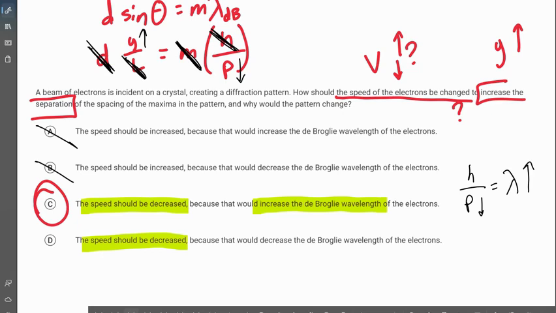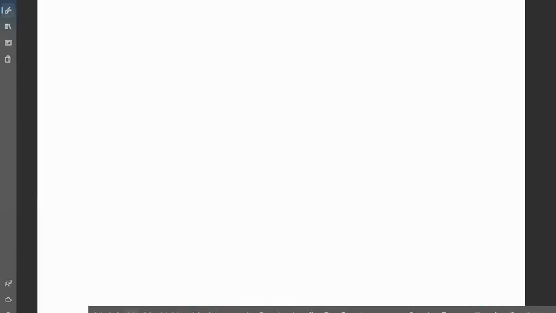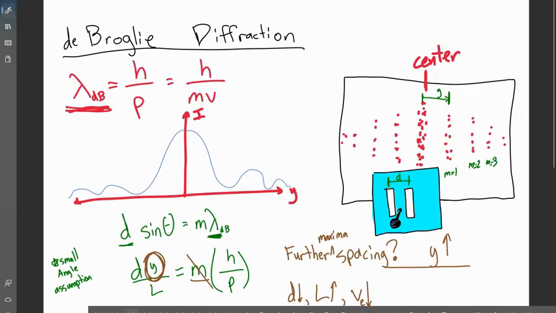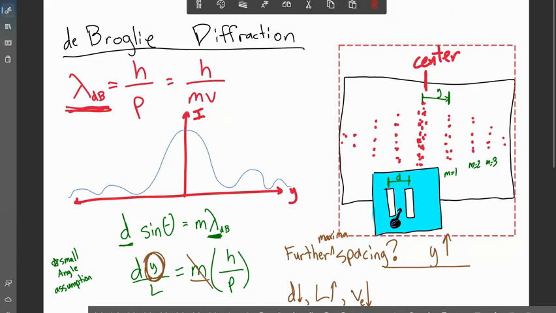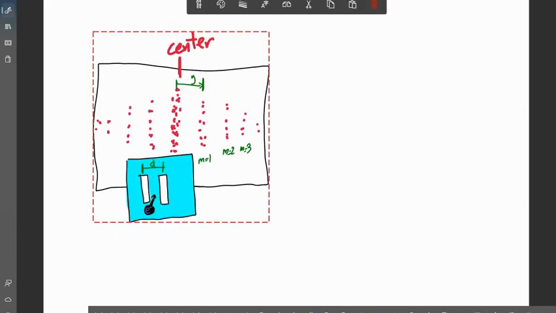Okay. I've got one last thing for you, which is mostly just weird. I'm actually going to back up to this previous one, and I'll copy this over, and we'll come over here and paste.